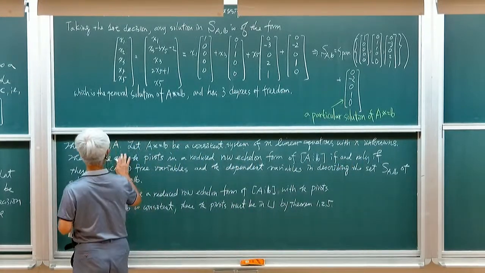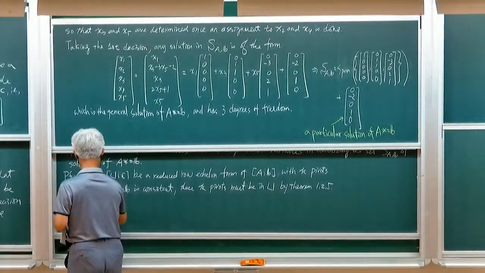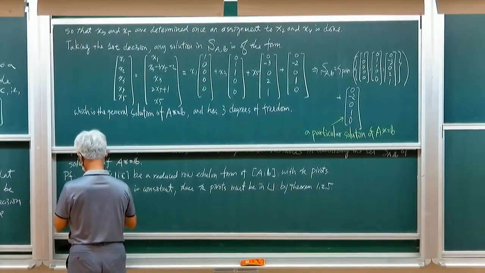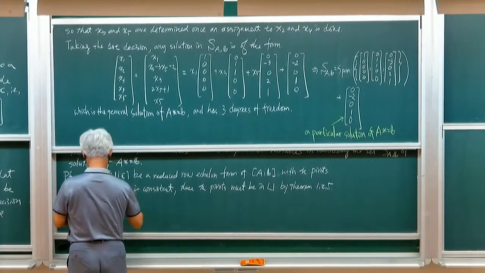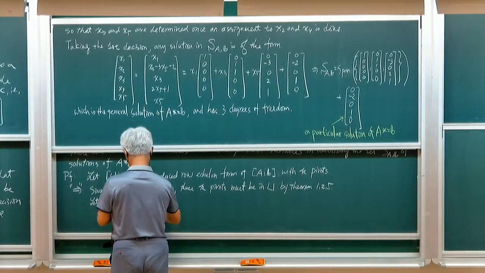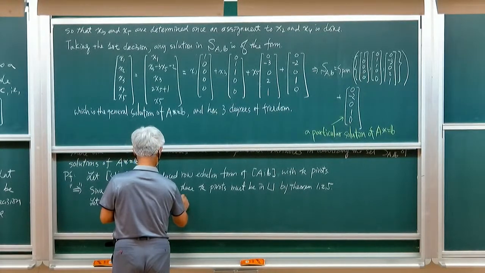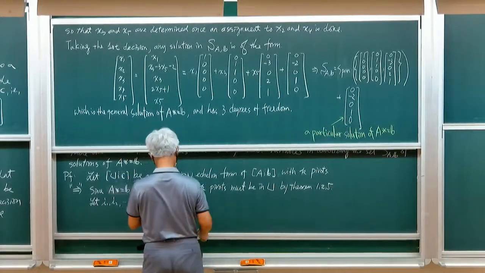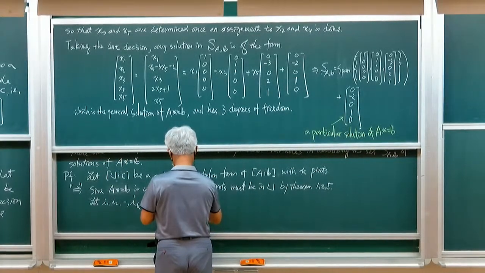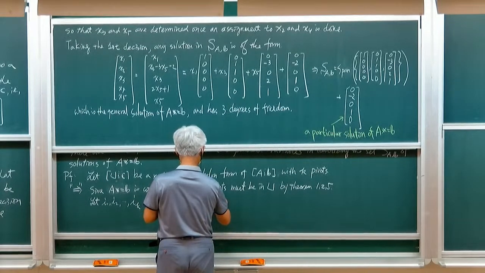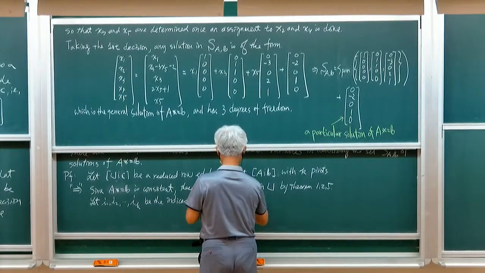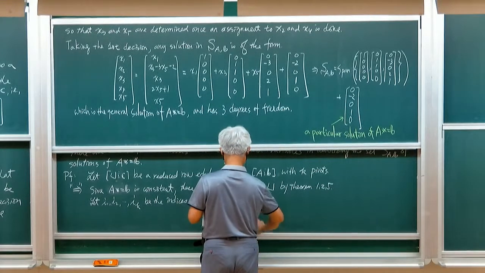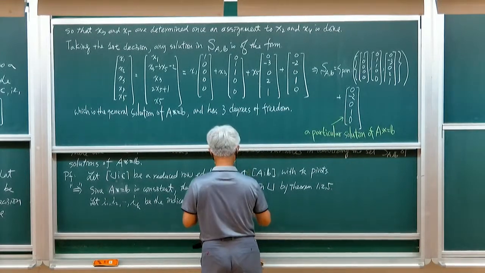Okay, so we let i1, i2 up to ik be the indices of columns having a pivot.